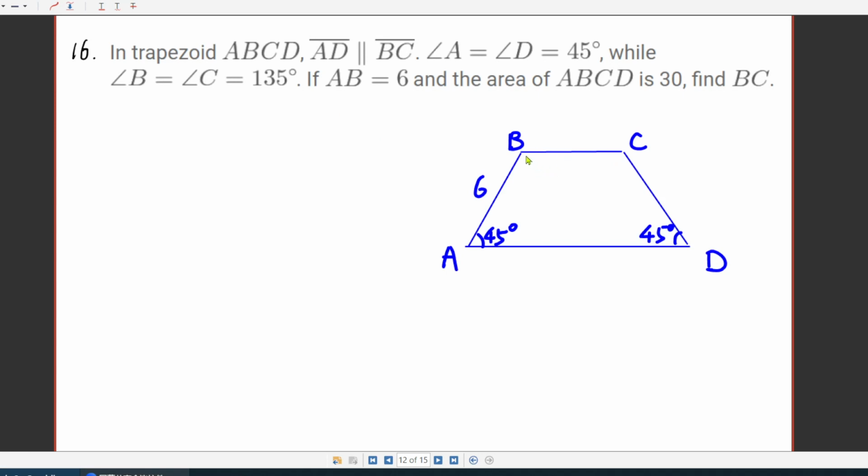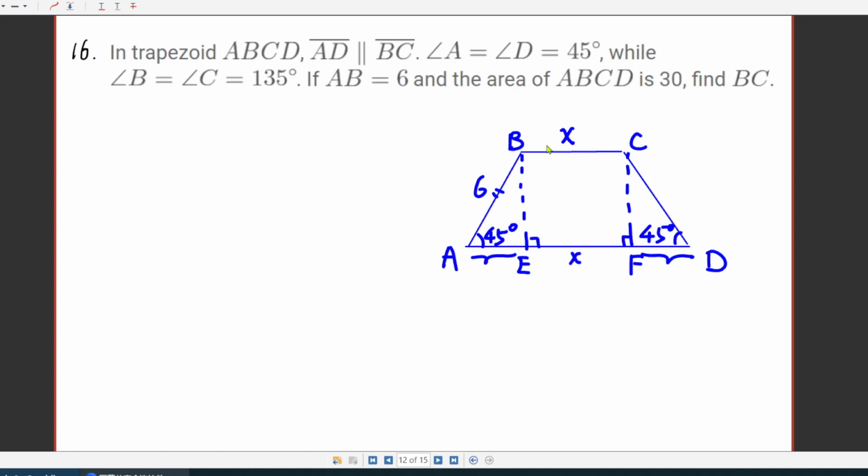Okay, if we draw perpendicular lines like this, and let the perpendicular feet be E and F, then if you know the length of AB, you can find the length of AE and FD, right? Then if you let the desired length BC be x, this length is also x, right?